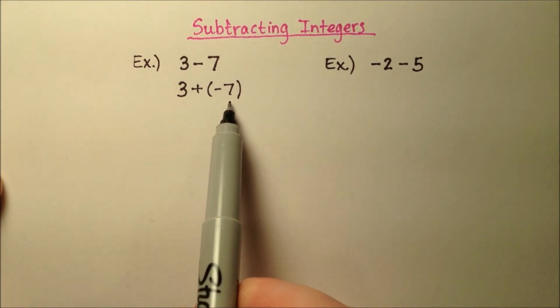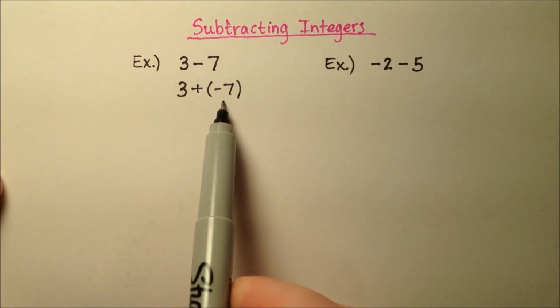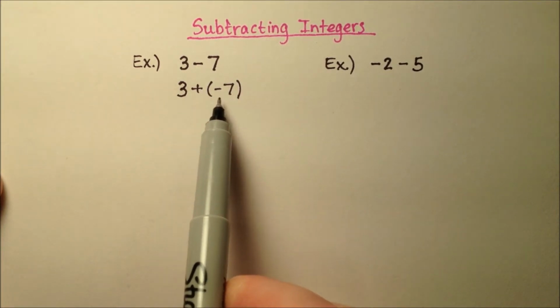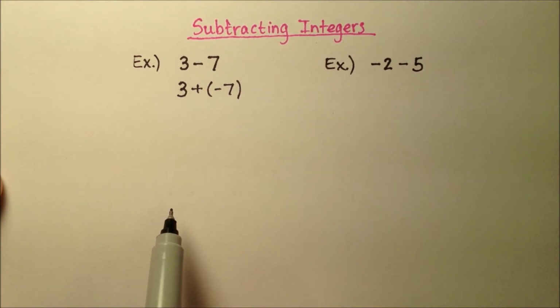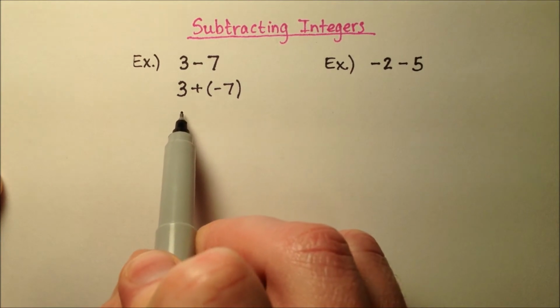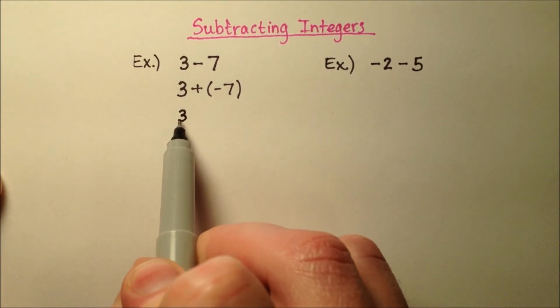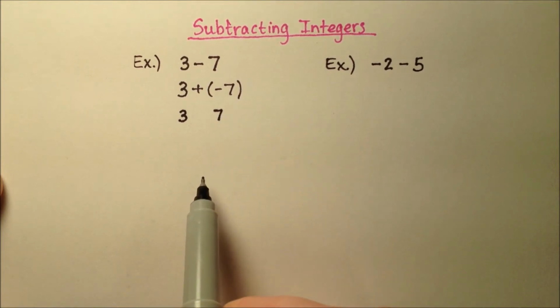Well, in this case, when we add integers, we have a 3 and a negative 7, and they have opposite signs. So when they have opposite signs, we're going to subtract their absolute values. The absolute value of 3 is 3, and the absolute value of negative 7 is 7.